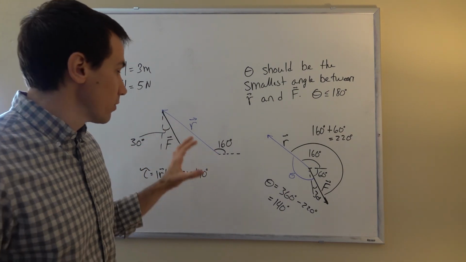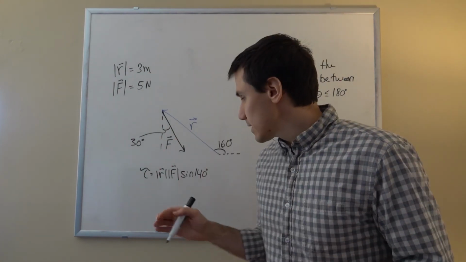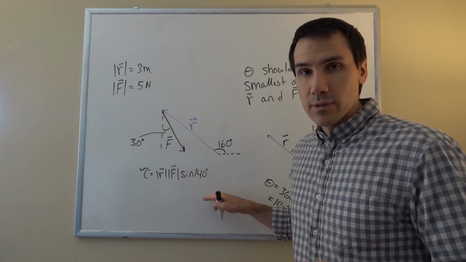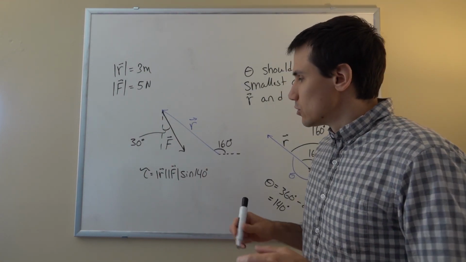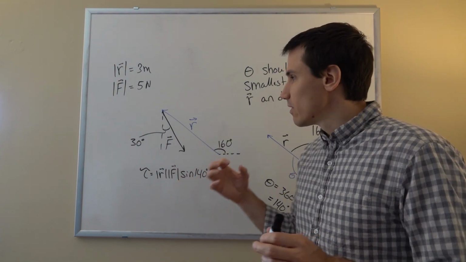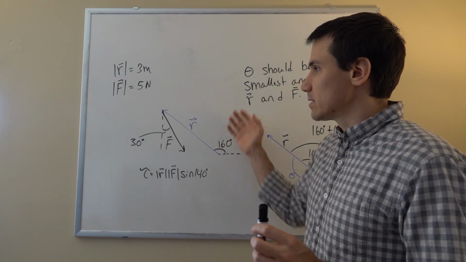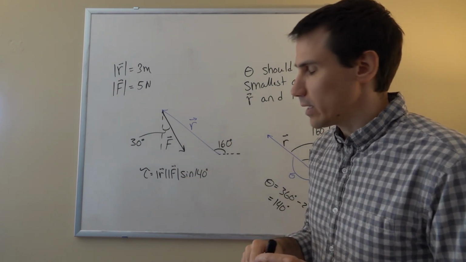And you can just plug this all into your calculator and you will end up with a value for torque. Now, again, this will always come out positive. So I need to assign manually the direction that this torque is taking, whether it is clockwise or counterclockwise.